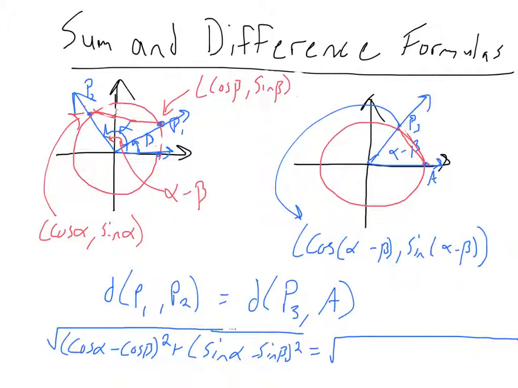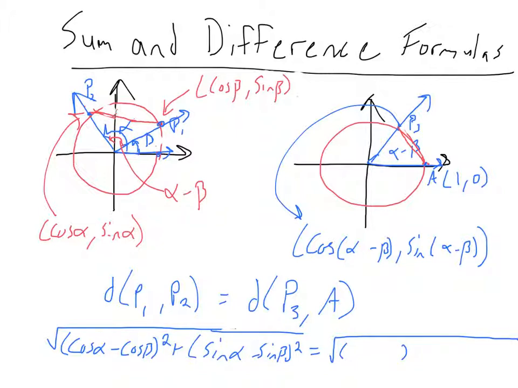What is point A, by the way? What point is that if it's on the unit circle? The point 1, 0, yeah. So we're going to end up having over here, what? This is the distance from P3 to A. So P3 is this point, right?